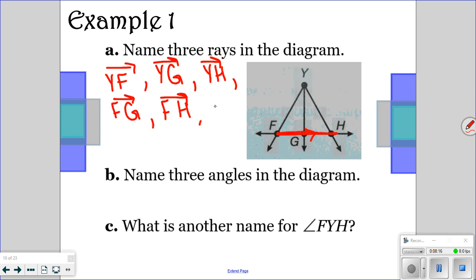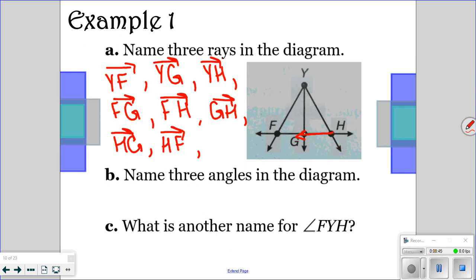You could name ray GH. And so that ray would be starting here and going this direction. So that could be a ray. You could also name HG as a ray, and that would be going this direction. The same ray would be HF, and so you could name it that way.